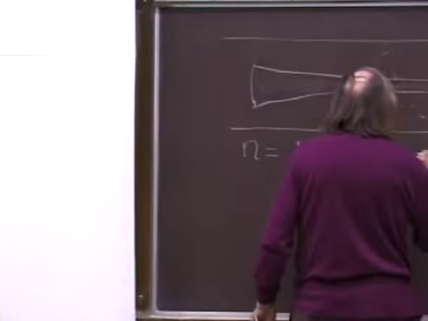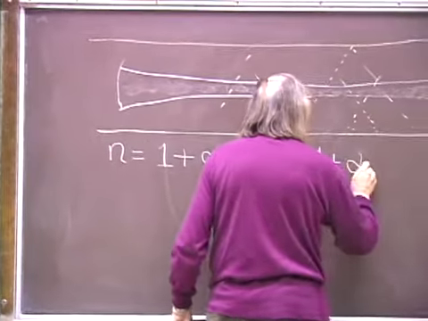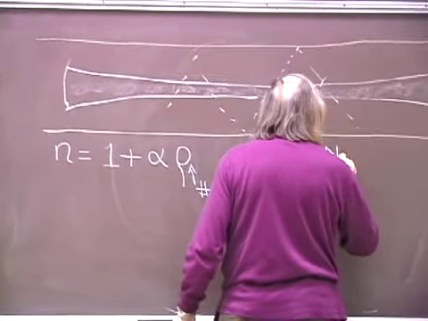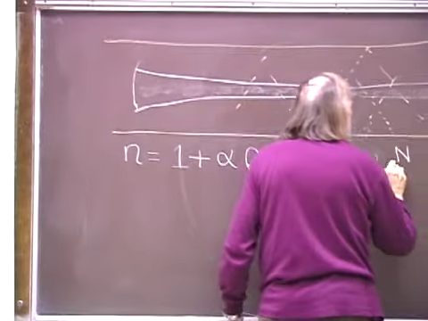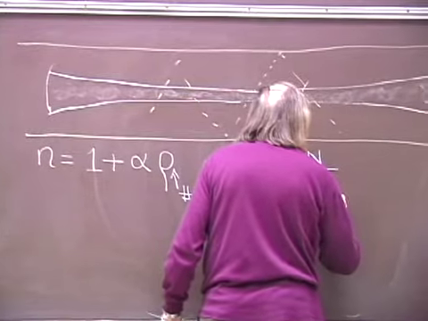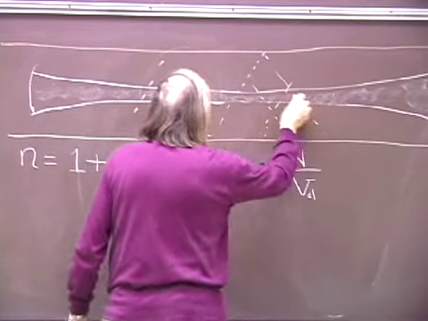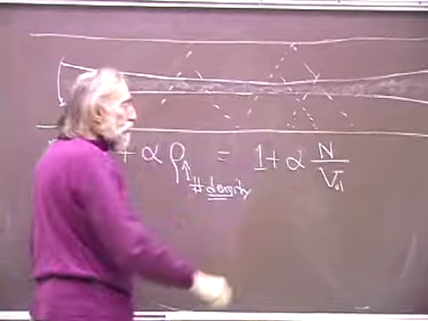I can write that as 1 plus alpha times the number of molecules in the volume of the beam divided by the volume of the beam, the volume in which the light is concentrated.